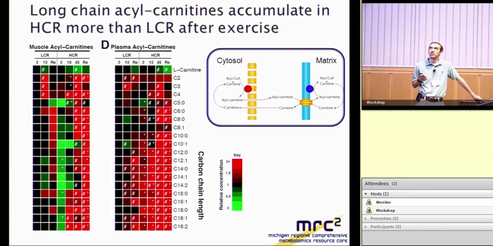And you can look at them both inside the tissue, where the skeletal muscle is an indication of what's going on with intracellular metabolism, and also in the plasma. So these things are circulating around in the plasma. They're commonly measured in newborns, where certain ones are indicative of inborn errors of metabolism if you see an elevation in certain levels of particular acylcarnitines.